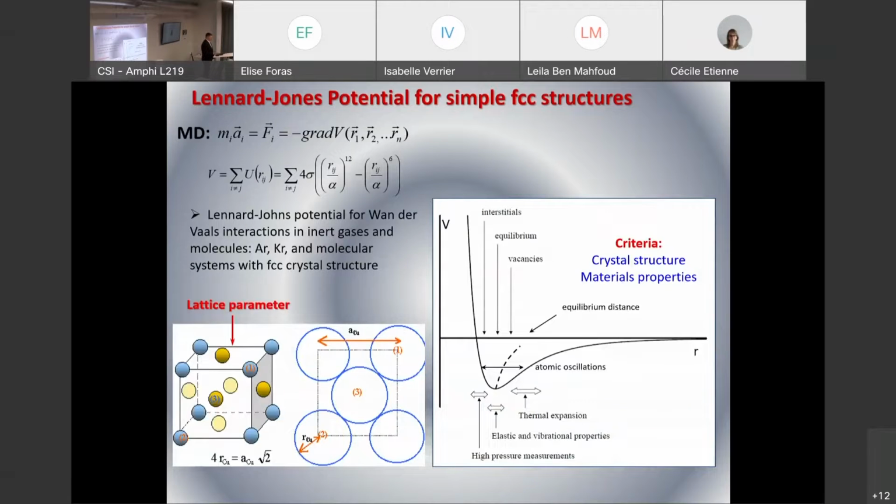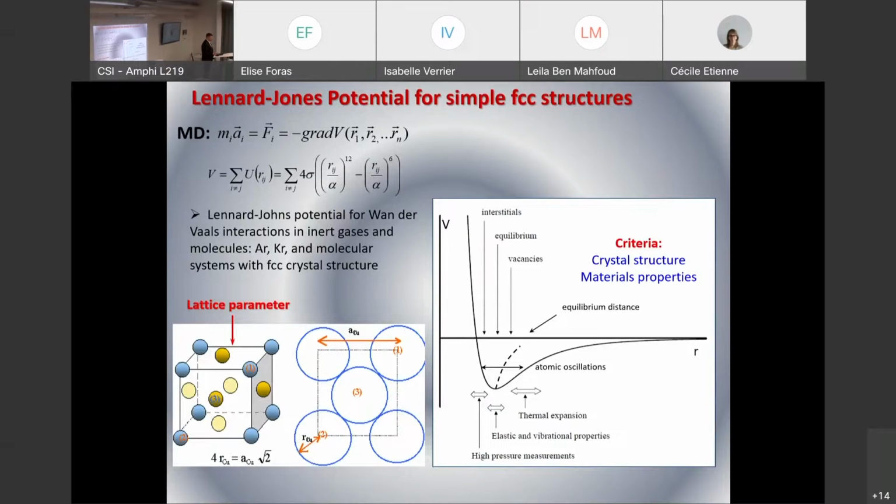As I said before, the interatomic forces are determined from the gradient of the interatomic potential, which is a semi-empirical function presented in this plot. This is the interatomic energy of pair interaction depending on the distance. As you can see, the simplest Lennard-Jones potential has an attractive and a repulsive part, and it has only two parameters.